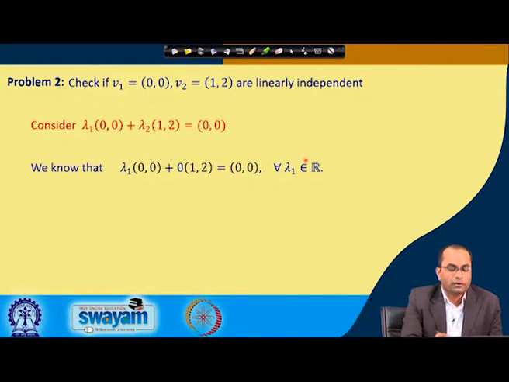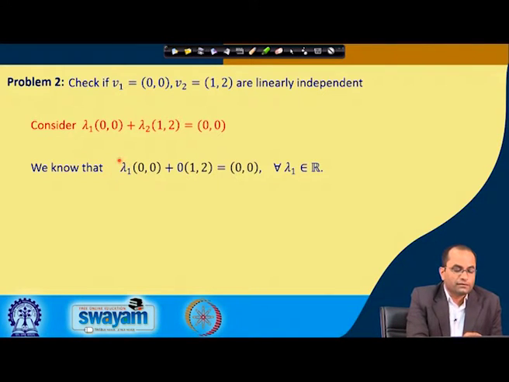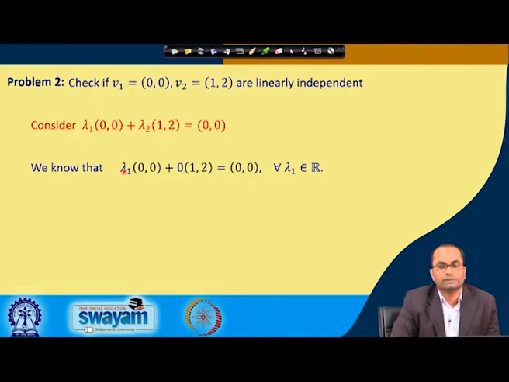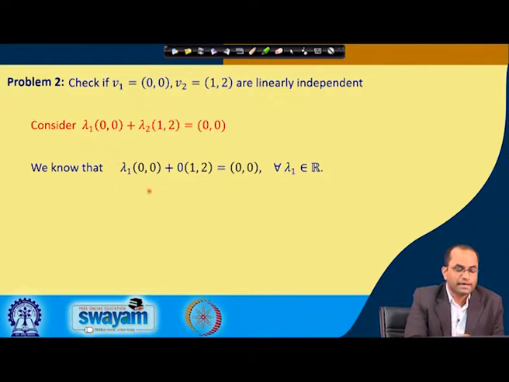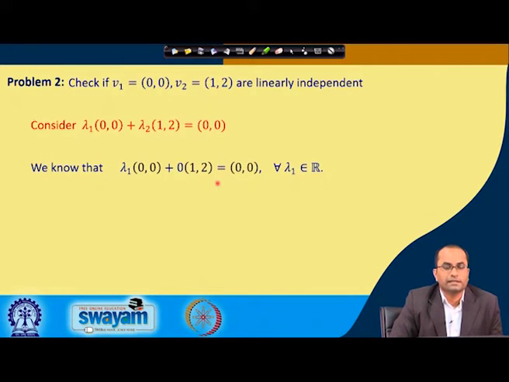So, for all lambda 1 from the set of real numbers, this equation is satisfied, and therefore we are getting a non-zero solution. Our lambdas are not 0 in this case; we are getting infinitely many possibilities which add up to 0 here, and therefore this set is linearly dependent.